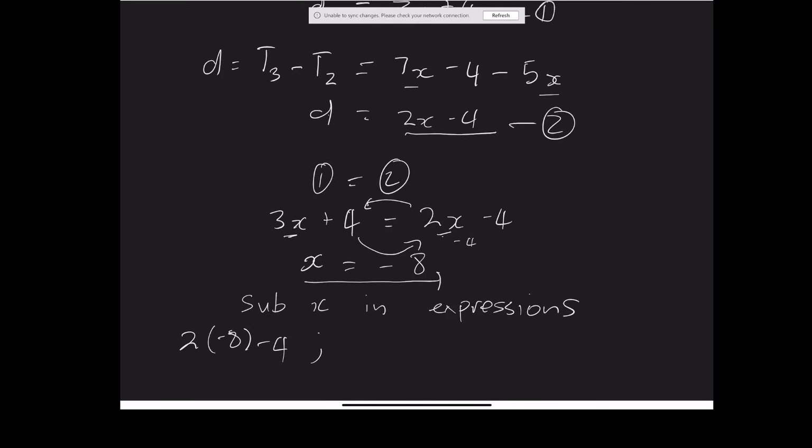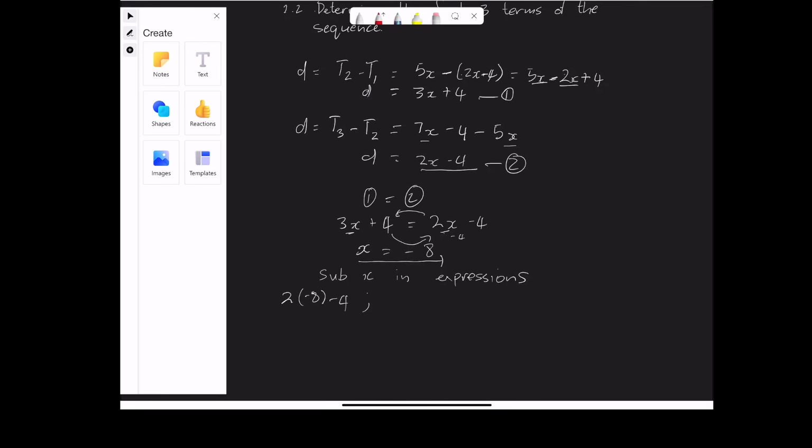In the second one I had 5. Continuing right along, so in the second one we had 5x, so that's 5 times minus 8. And in the third one, let's just quickly check.